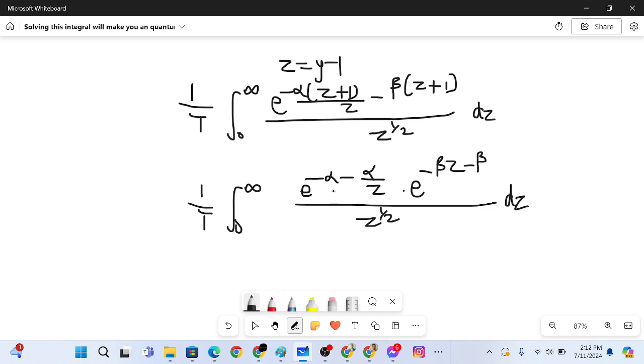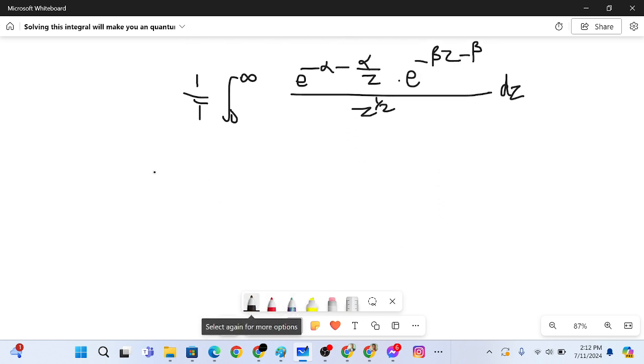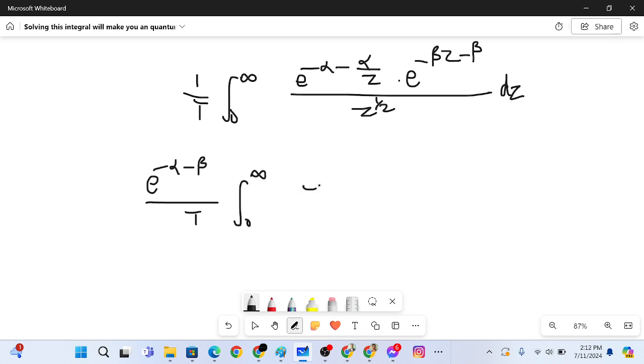Now I can take e to the power minus alpha to the minus beta t outside, and then I will get e to the power minus alpha minus beta by t, integral from 0 to infinity of e to the power minus alpha by z minus beta z, divided by z to the power 1 by 2, dz.